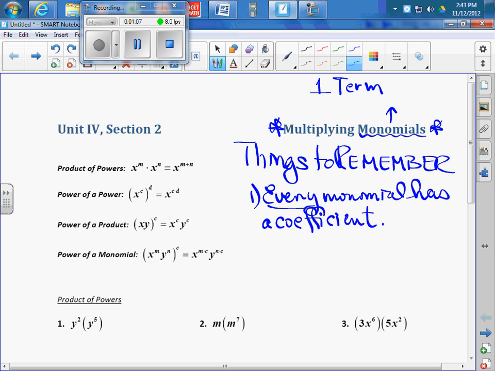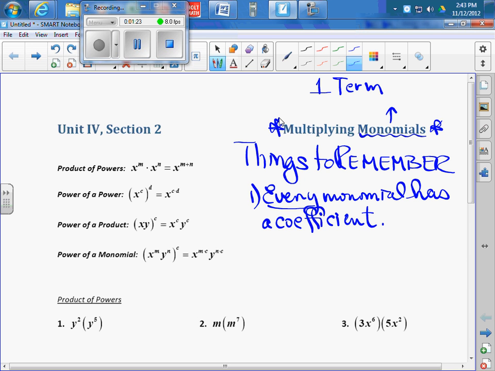That's important to understand because if a coefficient is not visible, what is it? Right, the coefficient would be 1. So let's keep that in mind.